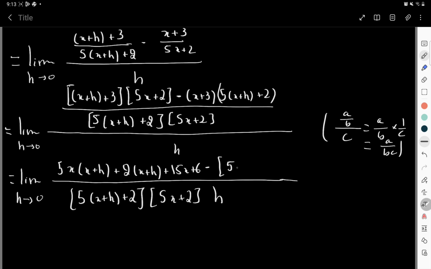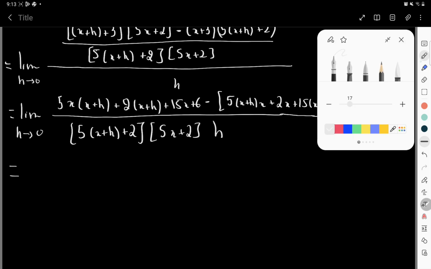It's 5x plus h times x plus 2x plus 15x plus h plus 6. Immediately notice that the x plus h times 5 will cancel out with the x plus h times 5, and the 6 will cancel out with the 6.